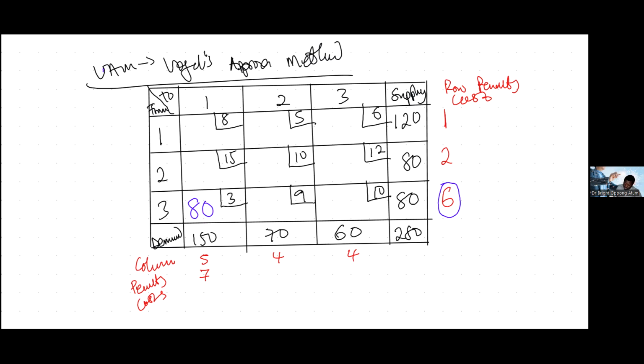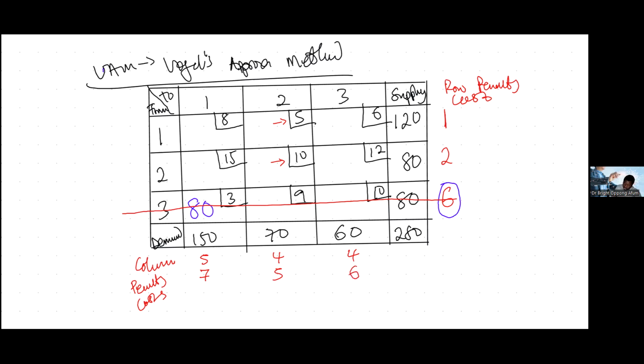Now you cannot fill this area or allocate any value in this cell, right? So therefore, the minimum here is 5. For column 2, it is 5, and the next minimum is 10. So 10 minus 5, the difference is 5, right? Good. Now we have 6 and we have 12. So the difference will be 12 minus 6.